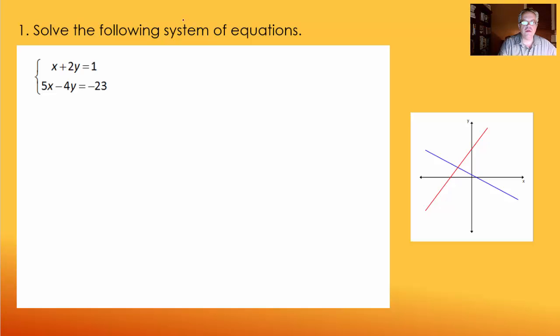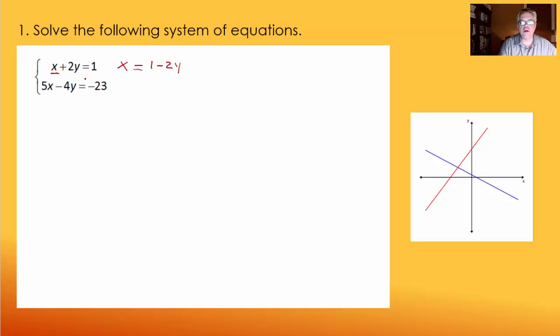So we got to take one of the equations and solve it for a variable. I see this x here looks really easy to solve for. In fact, if I subtract 2y from both sides, I get x equals 1 minus 2y. So remember, we can kind of move a term across the equal sign if we switch its sign.